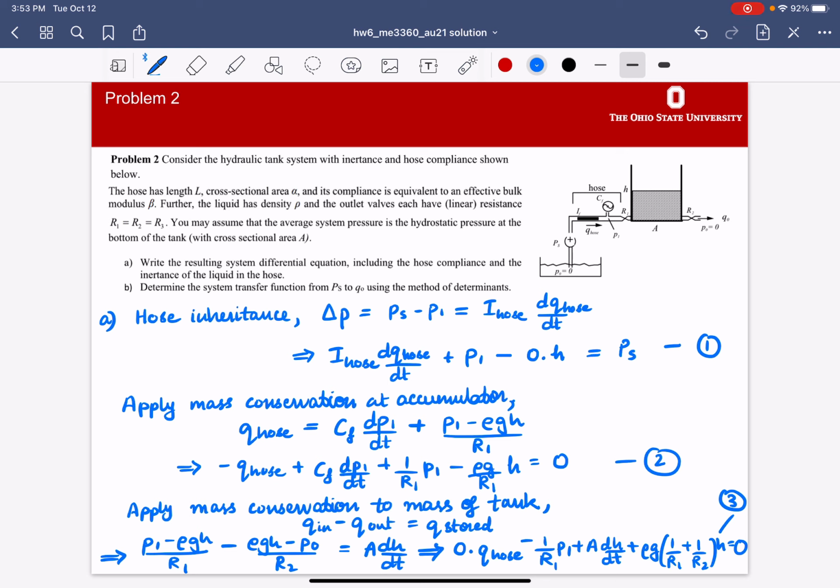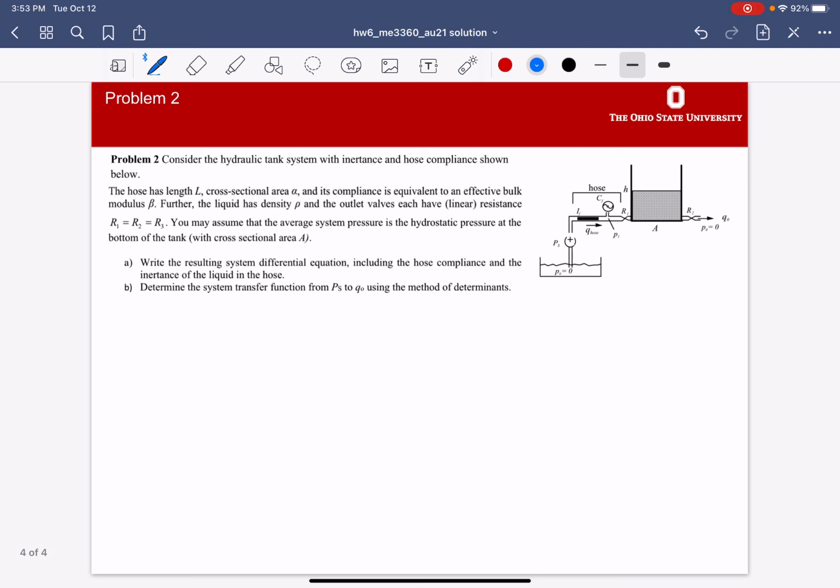So now we can move on to part B, where they're asking us to determine the system transfer function from PS to Q naught using the method of determinants. So now we need to set up our matrix form of this equation, and before that we want to take the Laplace transform of these equations and then set those together.